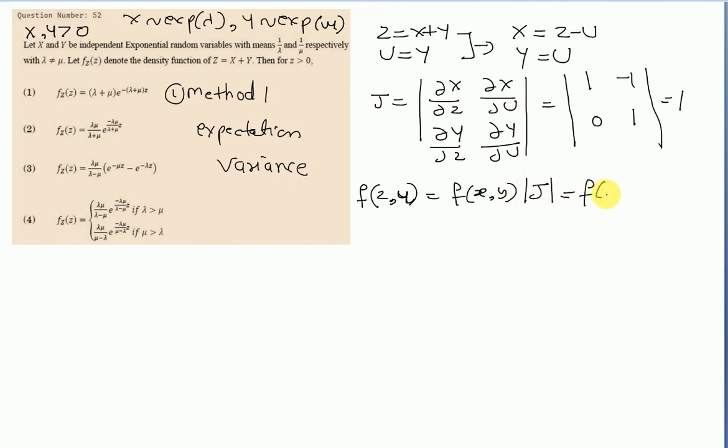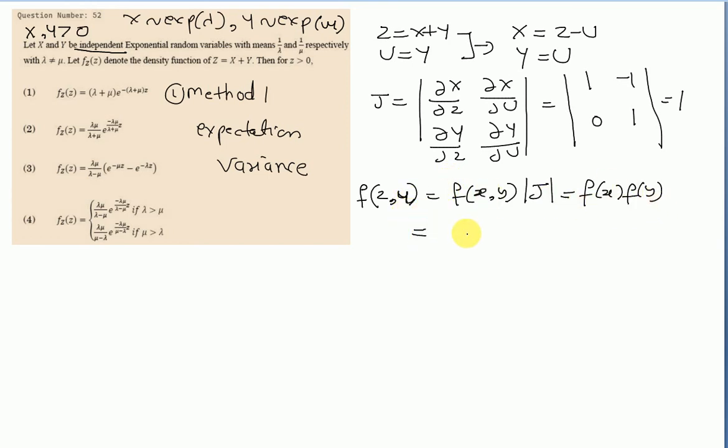Since the Jacobian value is positive 1, there is no need of writing this Jacobian again and again. So we will simply write f of x,y, and since X and Y are independent, as given in the question, we can write f of x and f of y, because for two independent random variables the joint density function can be broken into two marginal density functions. So f of z,u equals f of x and f of y.